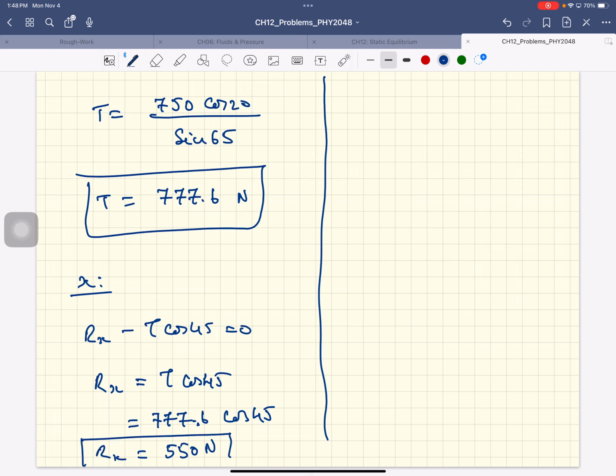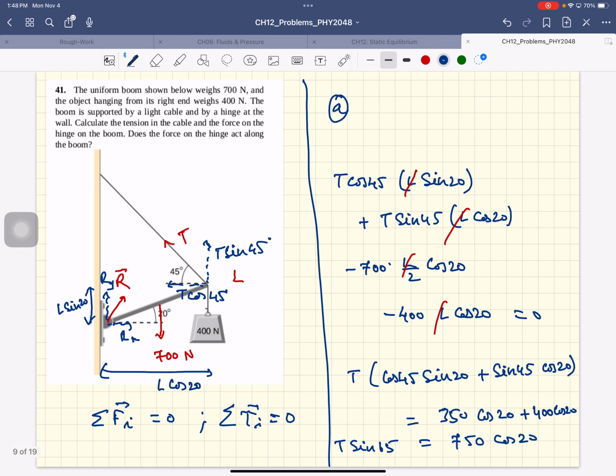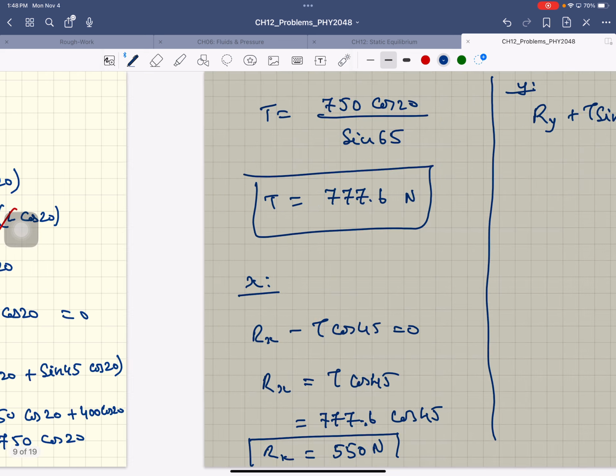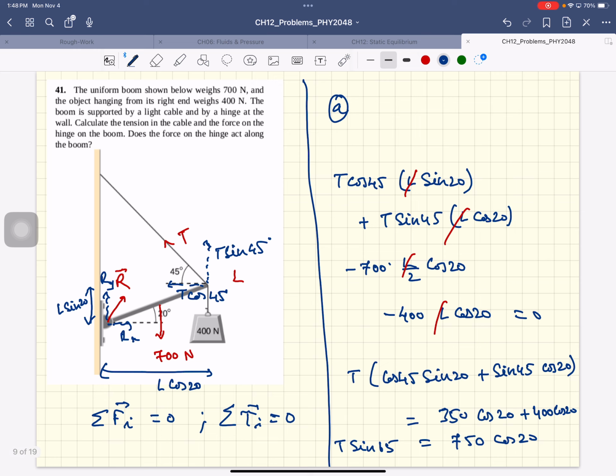And Ry, so Ry plus T sine 45 minus these two guys should be equal 0. Plus T sine 45 minus 700 minus 400 equal to 0. This plus this minus of these two is 0.